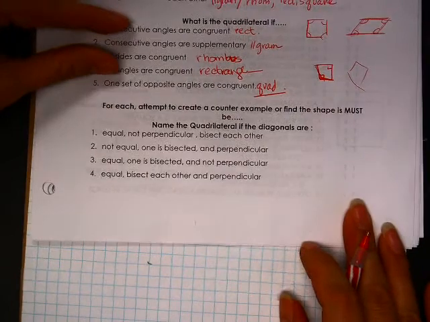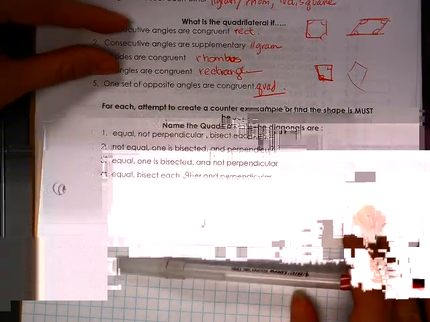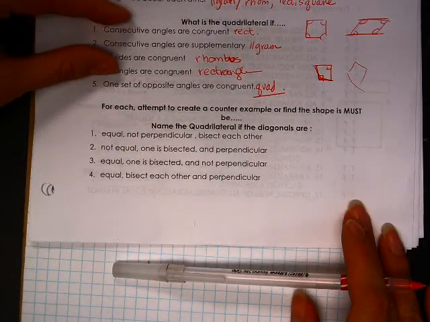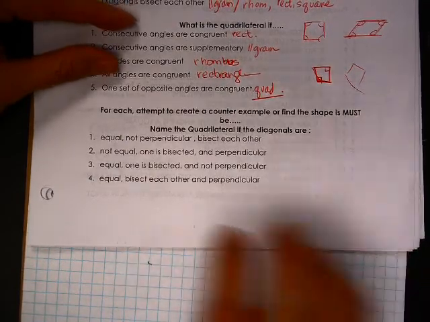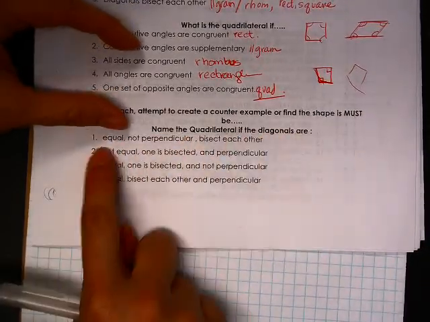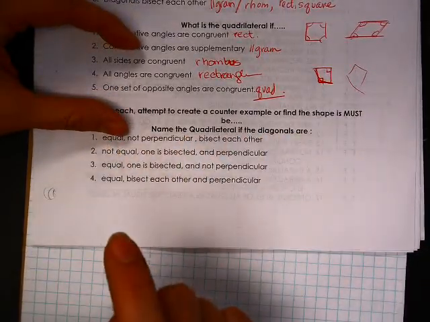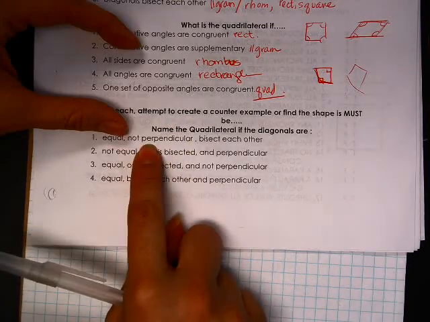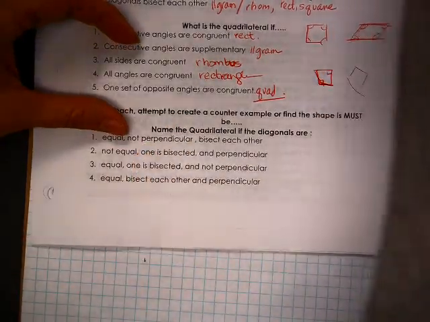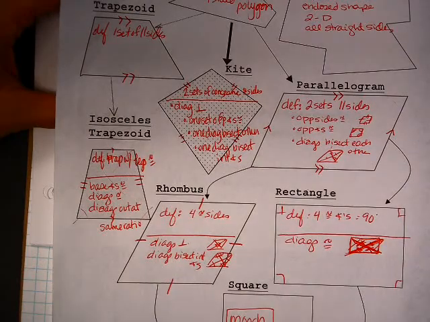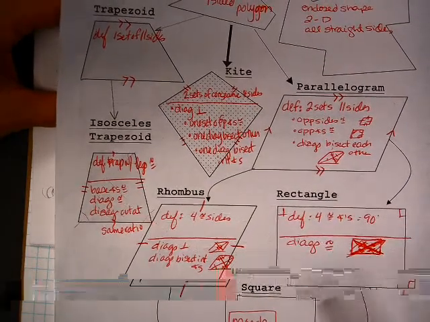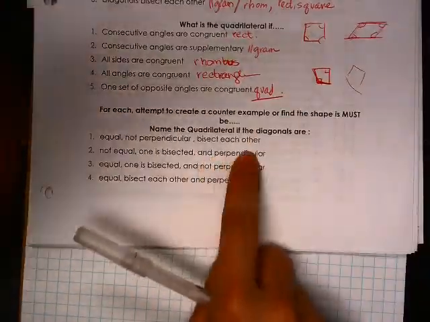Okay, the next one, we are looking to attempt to create a counterexample to find the shape that it must be. So we want the diagonals that are equal, but not perpendicular. So that would put the square out, possibly a rectangle, and they bisect each other.